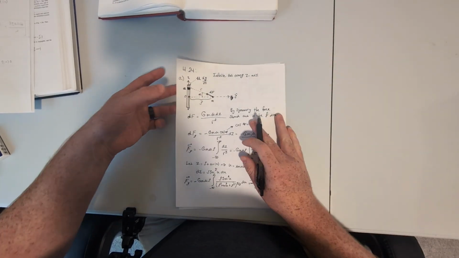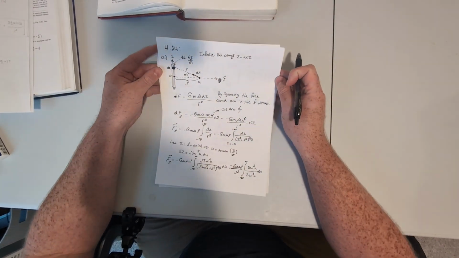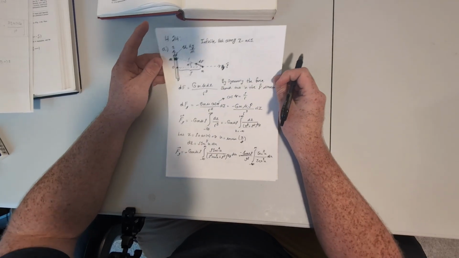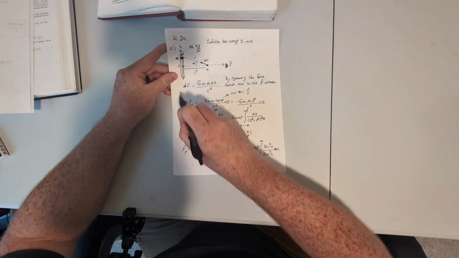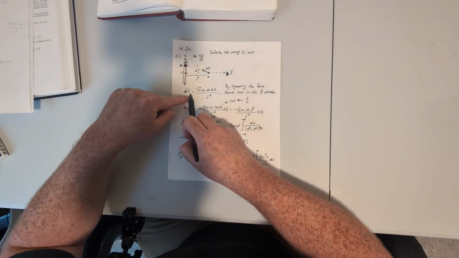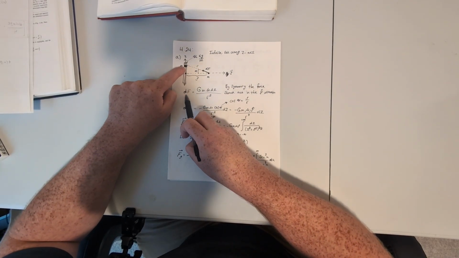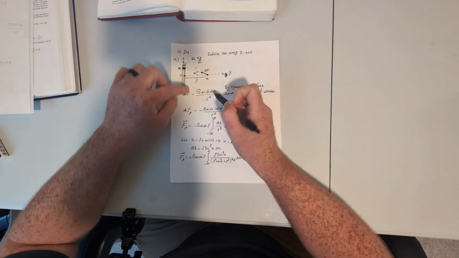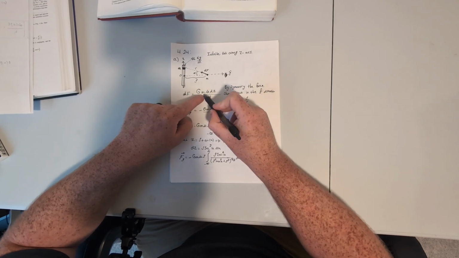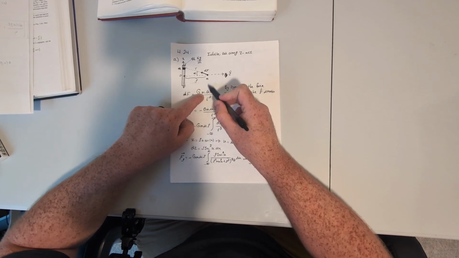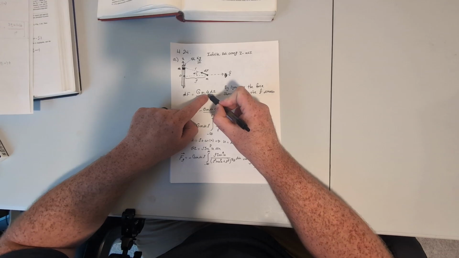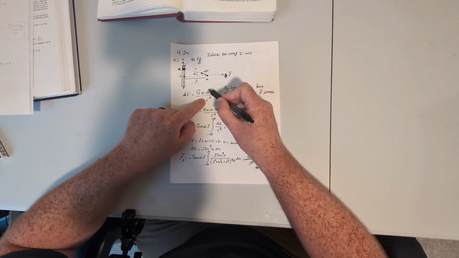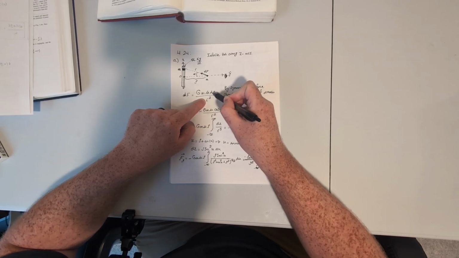This is similar to an electrostatic problem in a way, except we're working with the gravitational force. The differential amount of force produced by this little piece of the rod is the gravitational constant times the mass of the point mass times mu dz, which is the mass per unit length times a tiny amount of length, which gives mass.